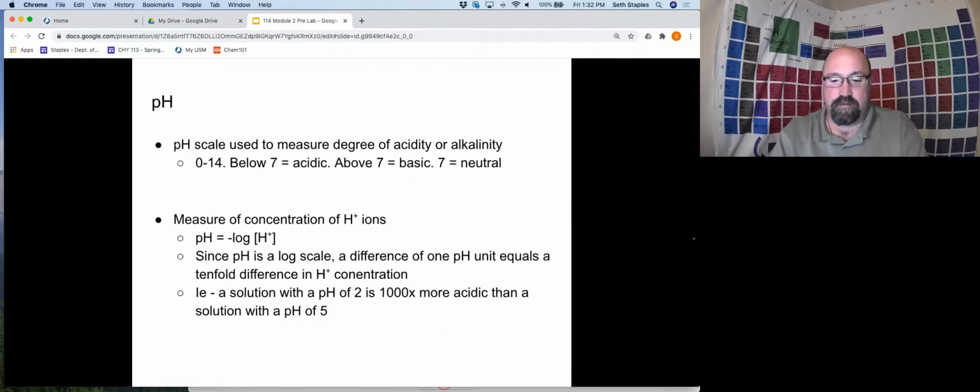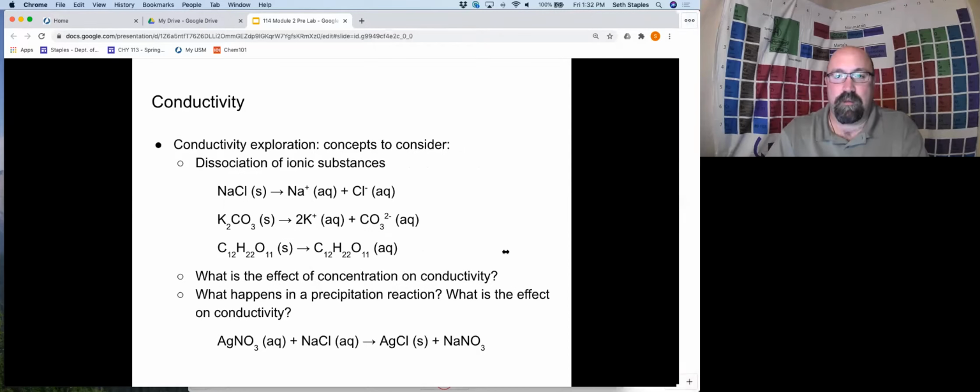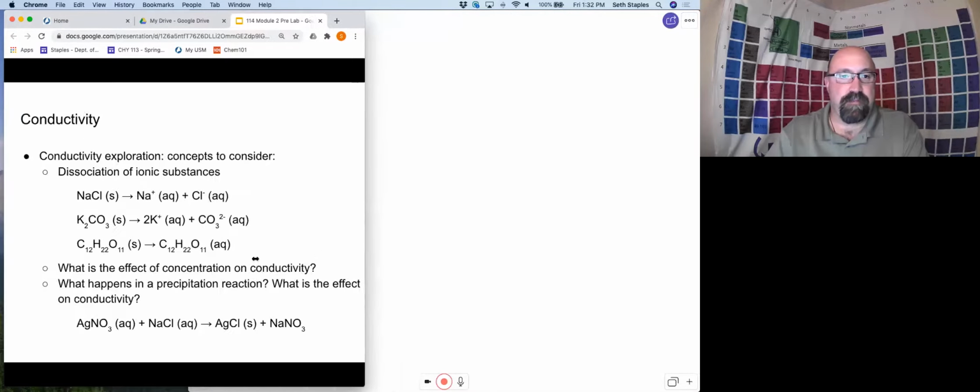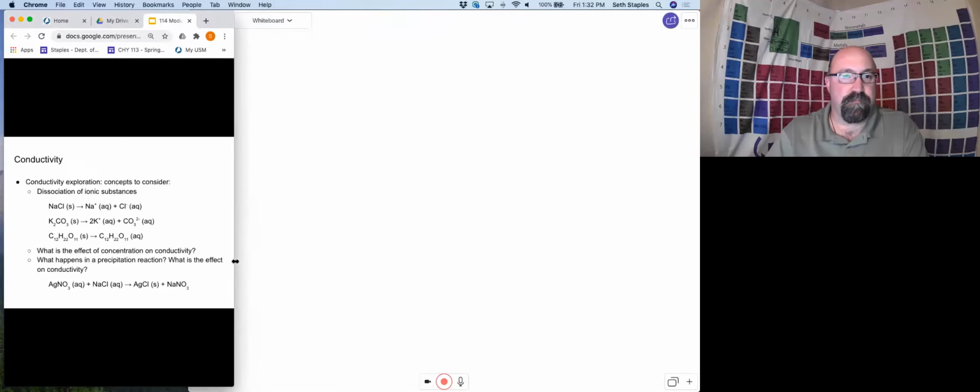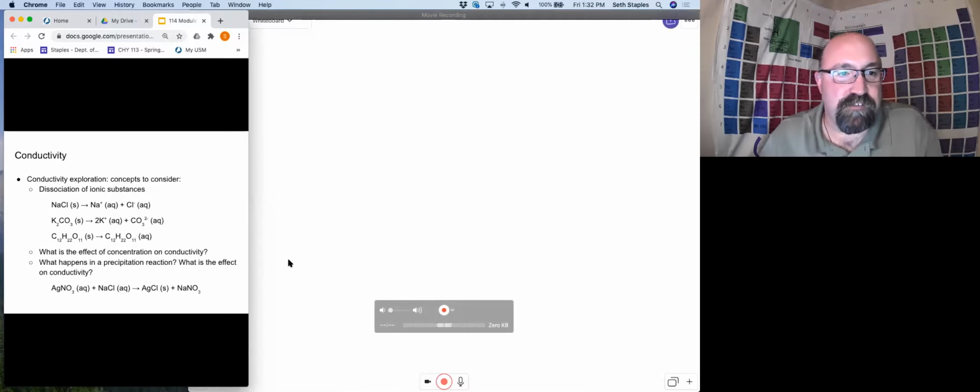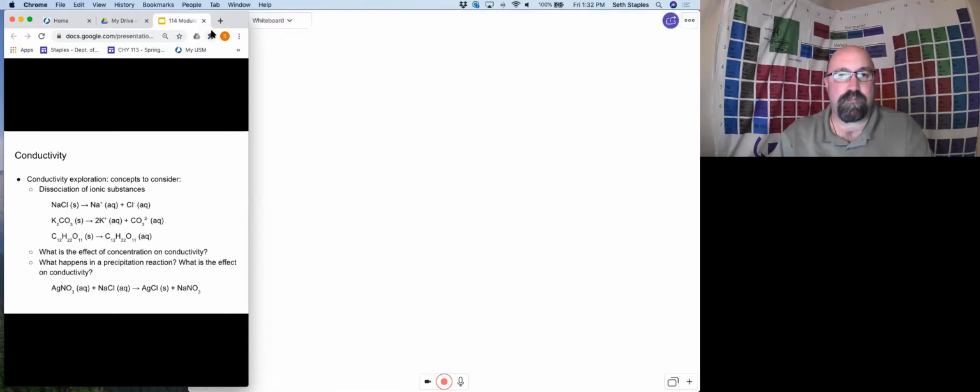So let's just take a peek at a couple of these examples here. For instance, NaCl. When we look at NaCl separating up into its ions, and we can see it on the slide, we're just going to rewrite them here to really explore this.